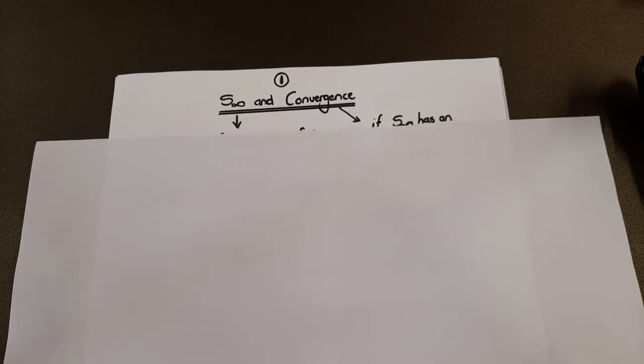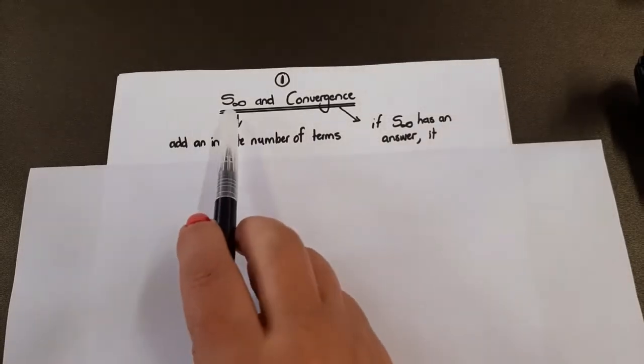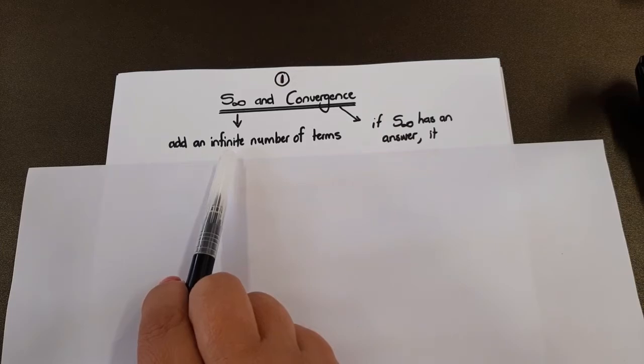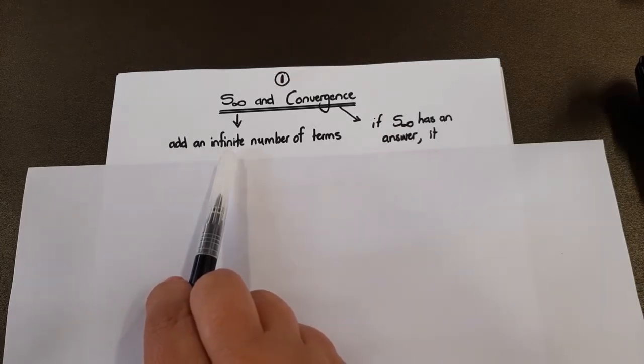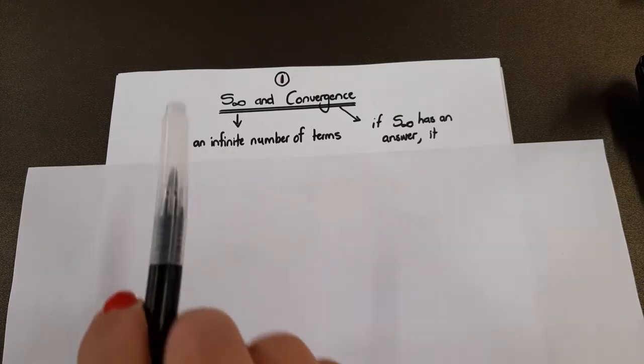Good morning, grade 12. Today's lesson is about the sum of infinity and convergence. Now, what does that mean? Sum of infinity means you add an infinite number of terms and you can either get an answer or not get an answer.